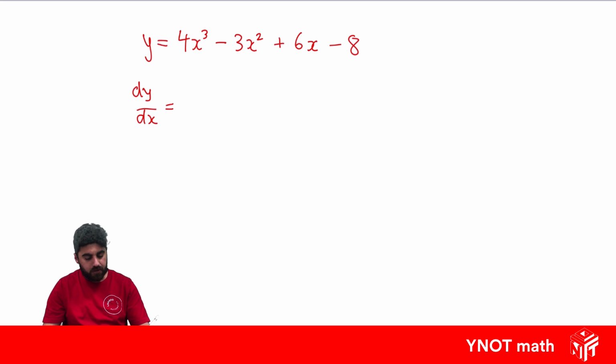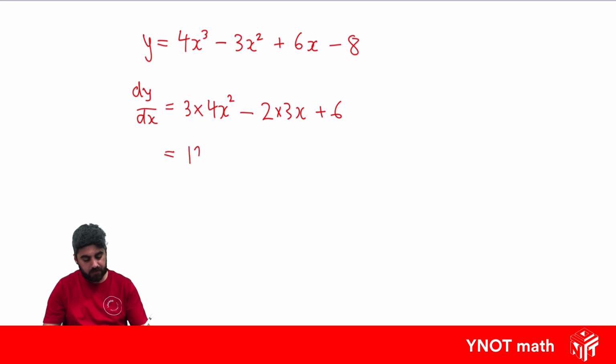So for our first term, bring our 3 to the front, minus 1 from the power. The next one, we'll bring our 2 to the front and minus 1 from the power. The derivative of a constant multiplied by x is just the constant, and the derivative of just a constant is 0. So we don't even have to write anything there because we'd just be plussing 0.